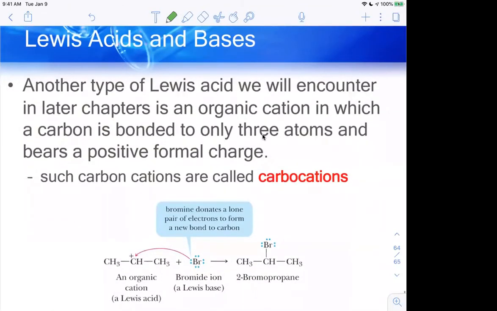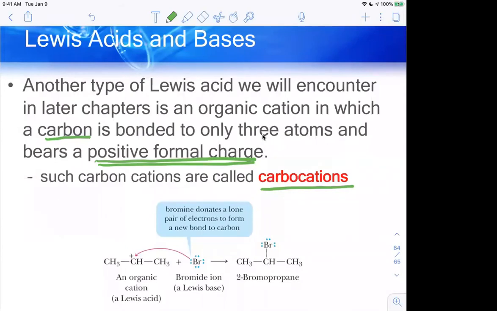Another type of Lewis acid we're going to encounter later is something called a carbocation, which is an organic cation in which a carbon bears a positive formal charge because it is only bonded to three different atoms. When this happens, that carbocation is looking to accept a lone pair.